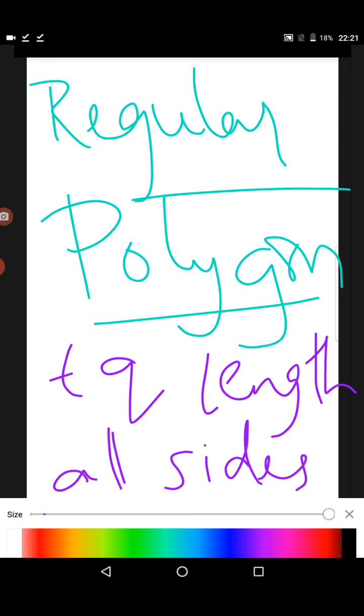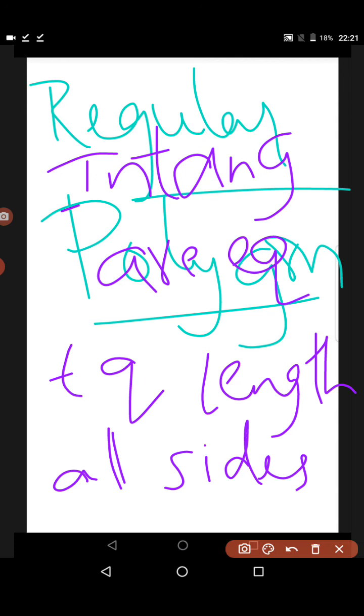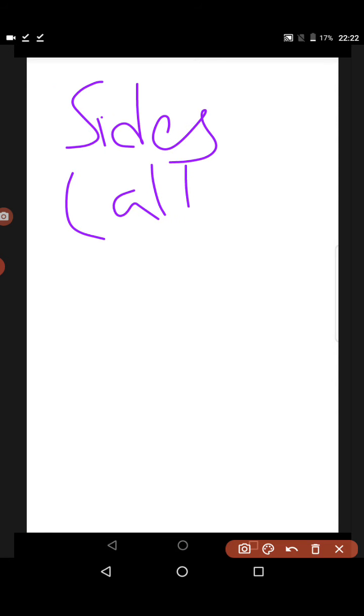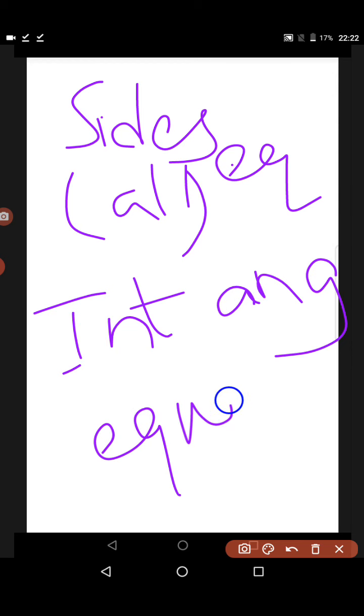And one more thing, its interior angles are equal. So a regular polygon has all sides equal and interior angles of equal size. That's all.